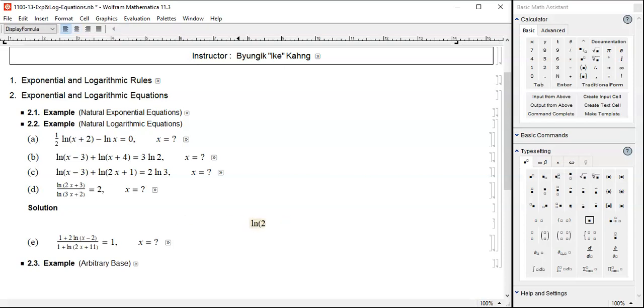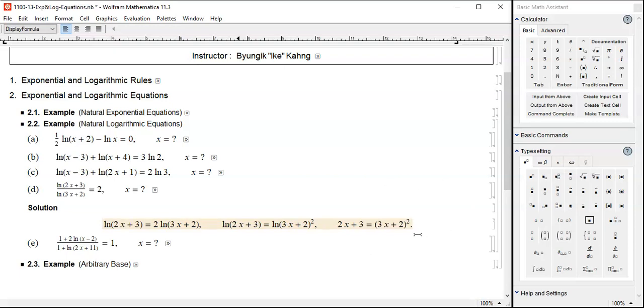Works like this. Log of 2x plus 3 equals to 2 times log of 3x plus 2. Flipping the denominator to the other side, and then we can remove the coefficient. And finally, removing the logarithms, 2x plus 3 equals to 3x plus 2 squared, and this is a quadratic equation to solve.